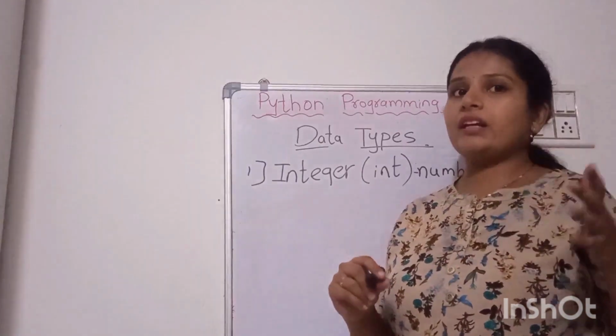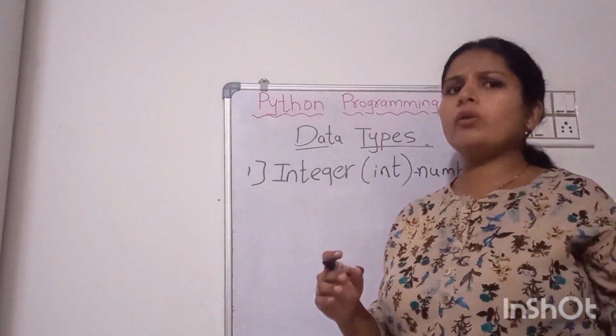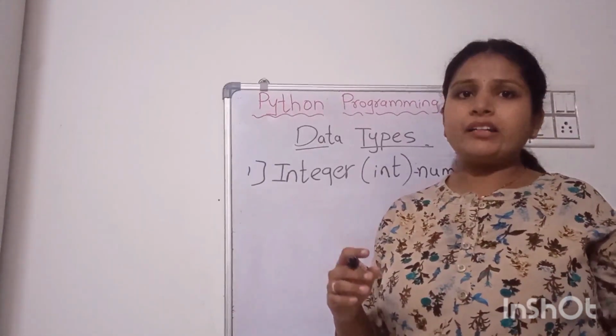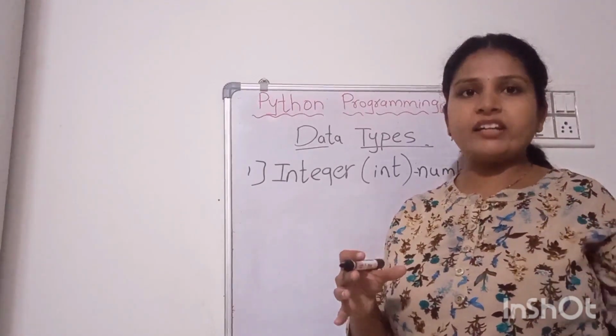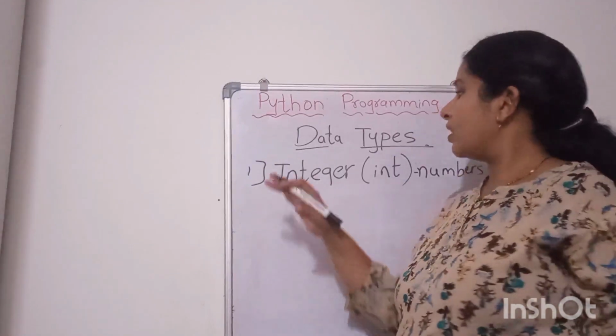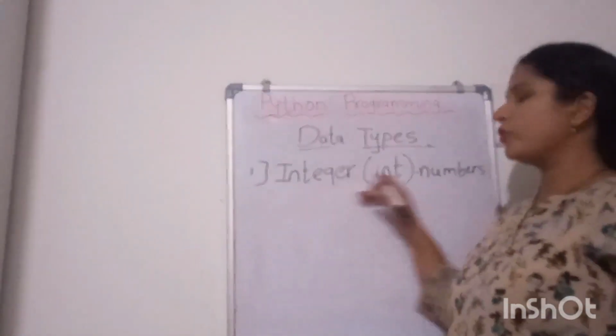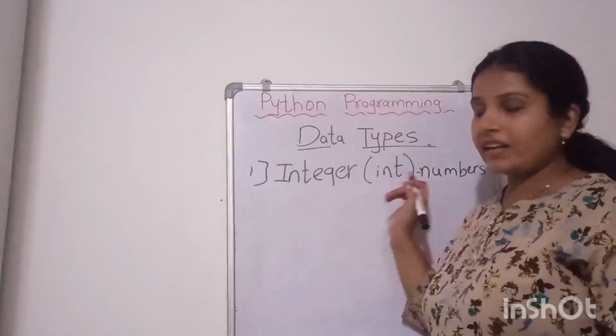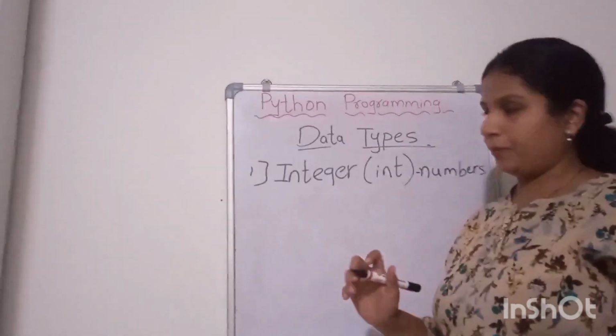In Python you don't even need to tell the interpreter that you are working on an integer number. It will automatically understand. So for numbers, you call the type of data the integer data type.